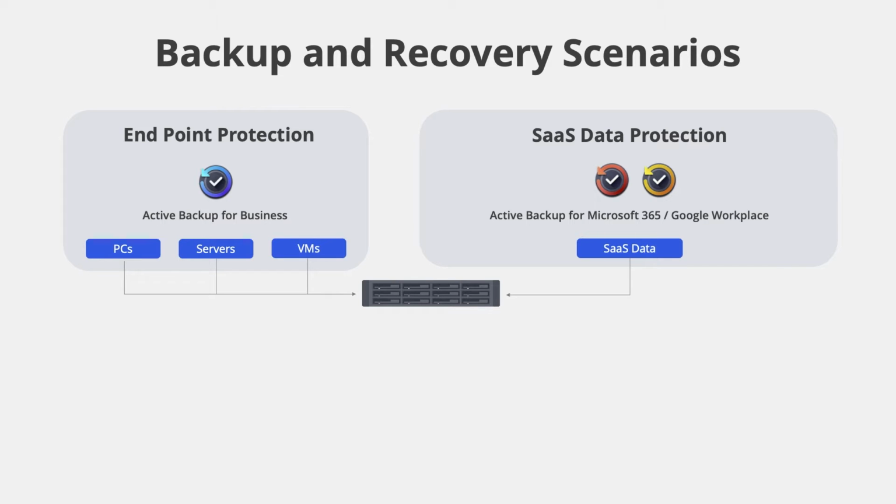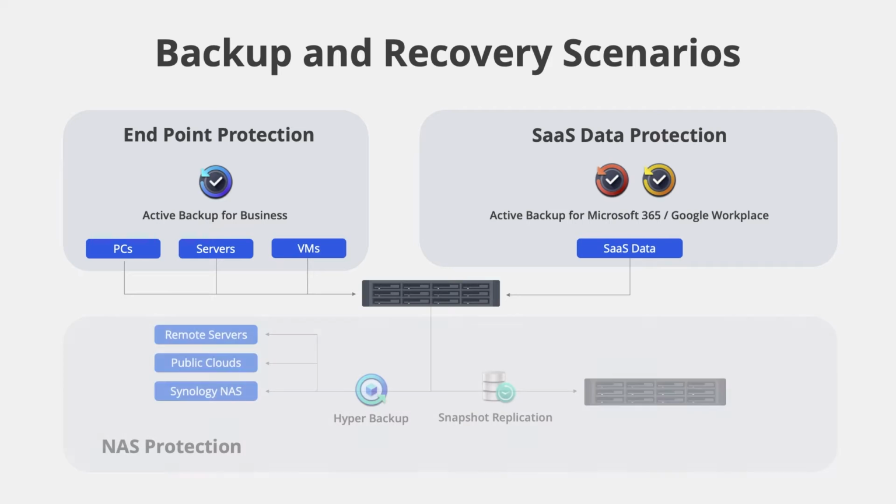We'll call these two packages ABM and ABG, M for Microsoft 365 and G for Google Workspace. Lastly, after all the data has been pulled into the NAS, we have NAS protection by Hybrid Backup and Snapshot Replication, which backs up the data offsite for disaster recovery purposes.